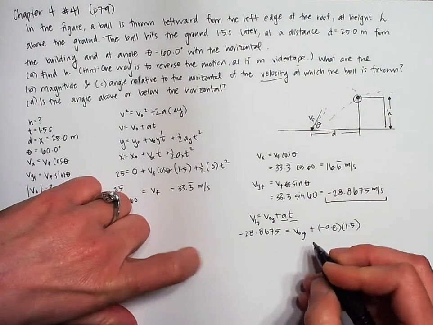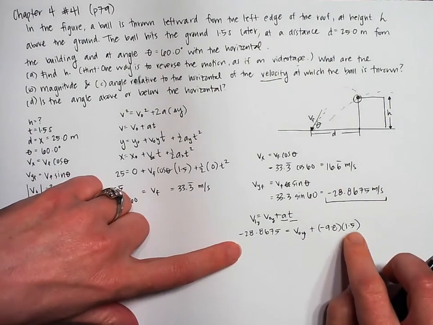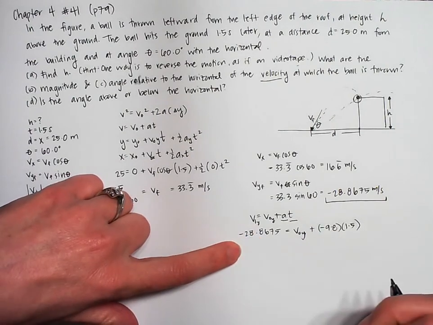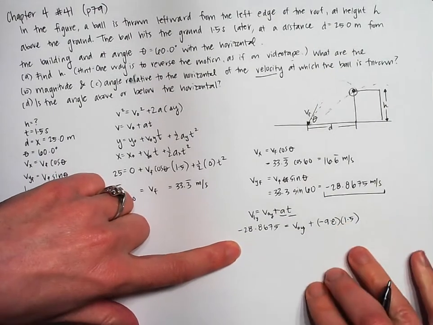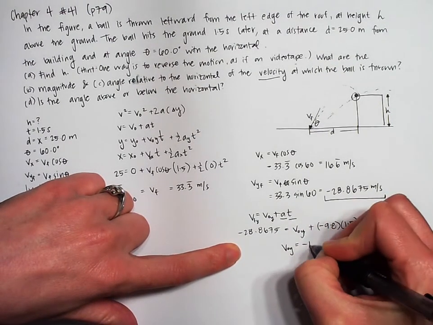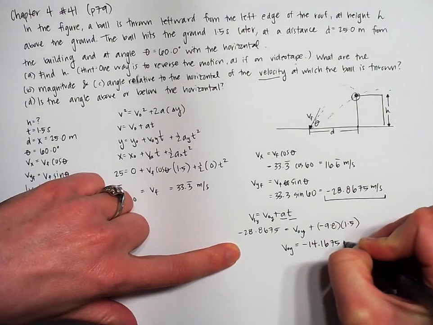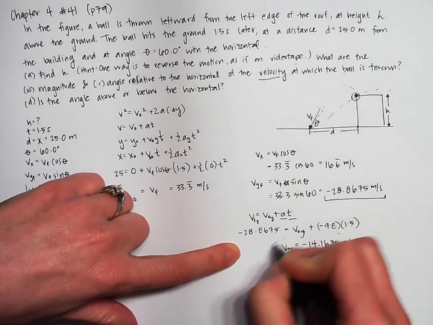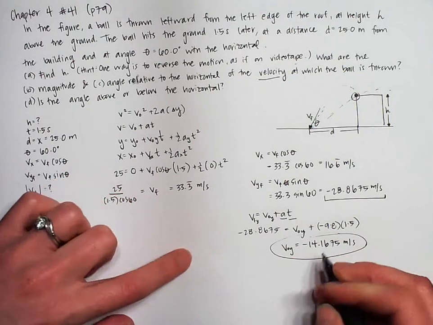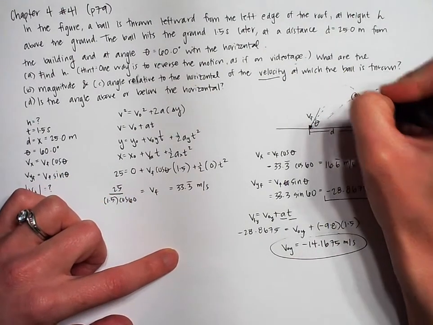And so if we work this out, this is negative 14.7. So I add that to my negative 28.86, and I find out that my v initial y equals negative 14.1675 meters per second. So the great news here is that we now know our x velocity the whole time.